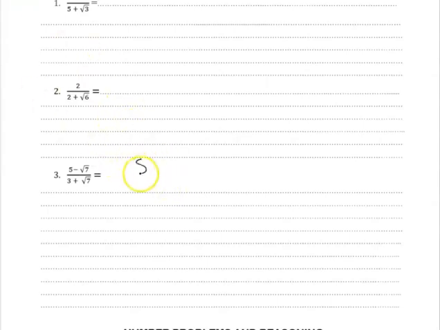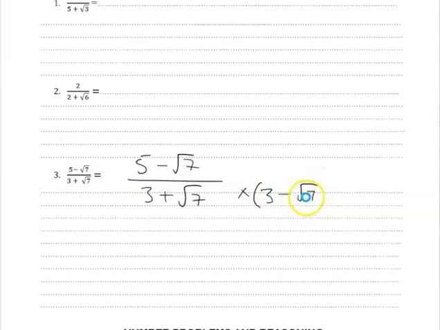So if we have 5 minus root 7 over 3 plus root 7, we're going to be multiplying the whole denominator by 3 minus root 7. So you have to use the opposite sign for the roots to cancel out at the end. So when you expand it, you will not have any roots left over in the denominator.